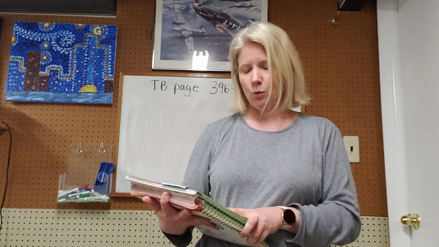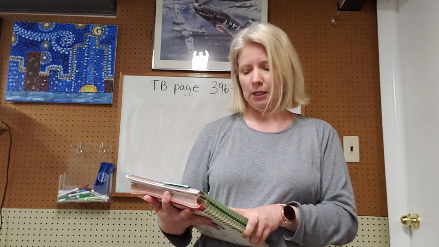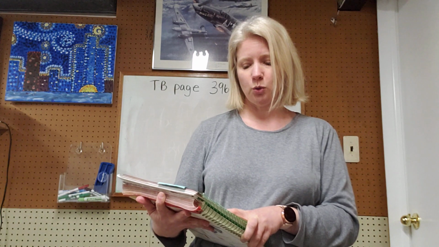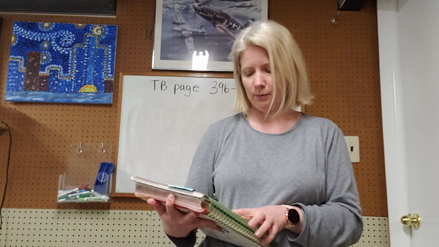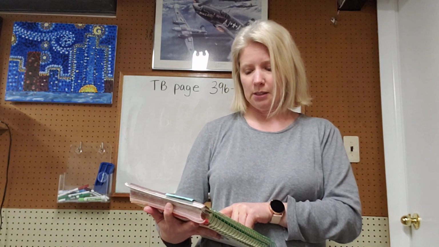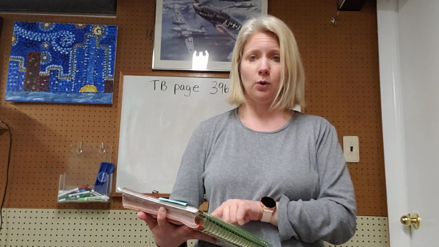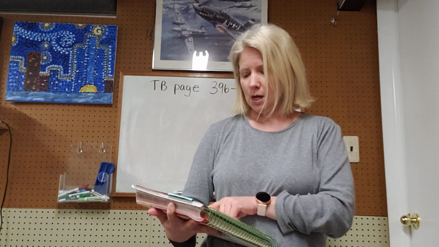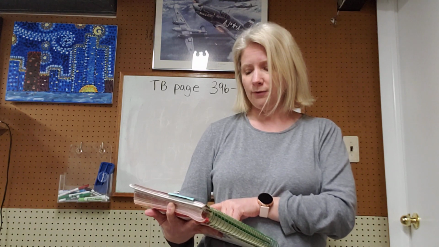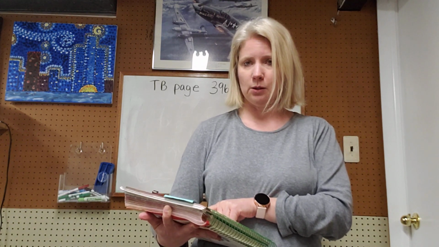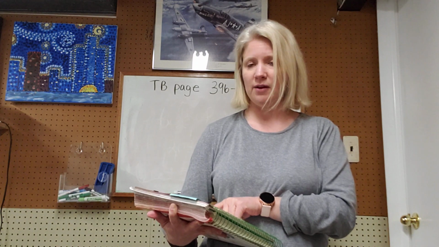Number 10, 1/3 of 12 equals 4, because 12 divided by 3 equals 4. Number 11, 1/4 of 16 is 4, because 16 divided by 4 equals 4. And number 12, 1/5 of 10 equals 2, because 10 divided by 5 equals 2.